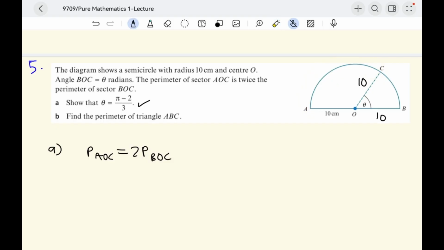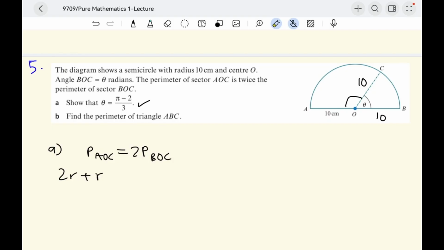I don't think I have to write 10 each time, since each term has the radius, so I just leave it as r, which is 2r plus r theta. But the theta here is not this angle, because a semicircle has a subtended angle of 180 degrees, but 180 degrees is in degrees.